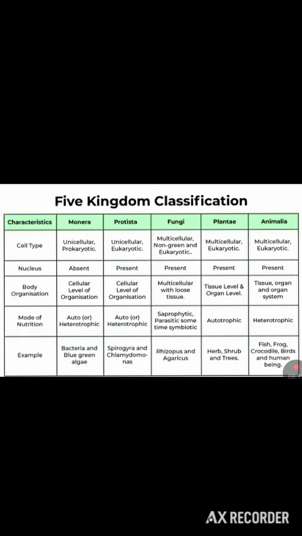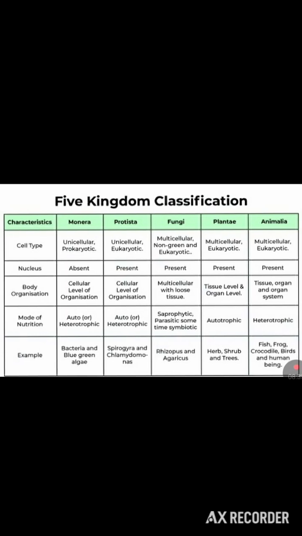In Kingdom Animalia, the organisms are multicellular and the cells are eukaryotic. Now the second characteristic is nucleus. Kingdom Monera do not have a proper nucleus. Kingdom Protista, Fungi, Plantae, and Animalia, all of them have a proper nucleus.